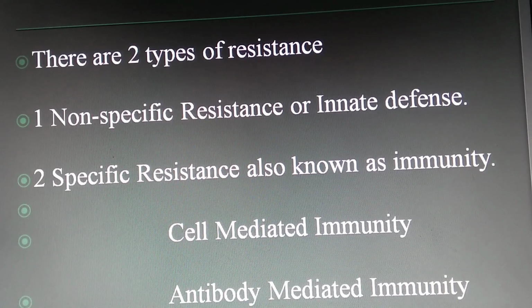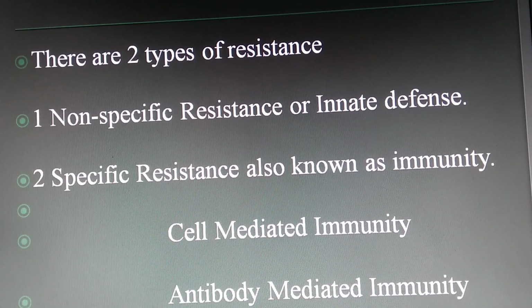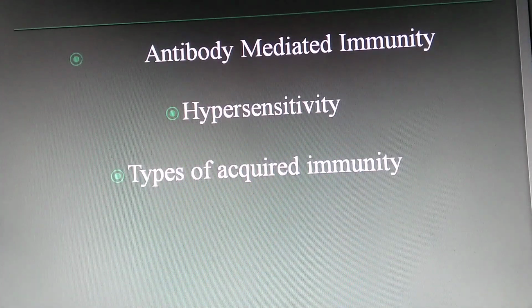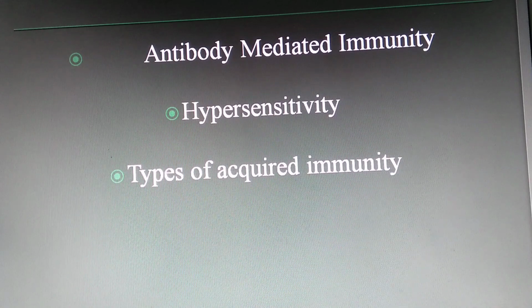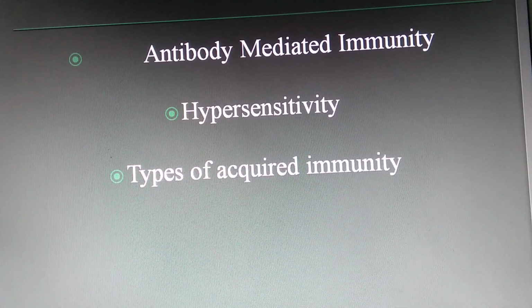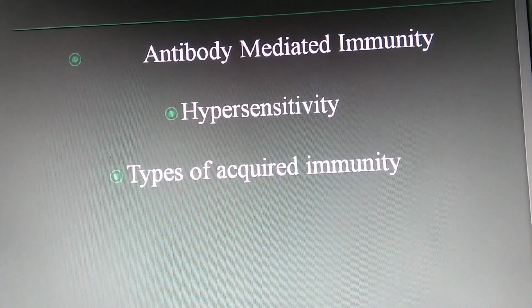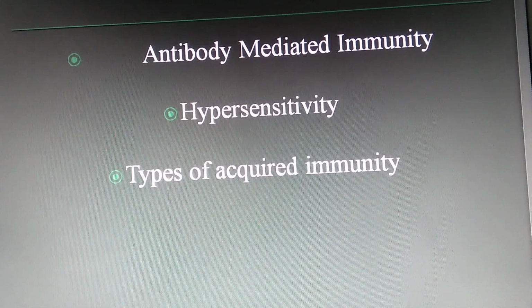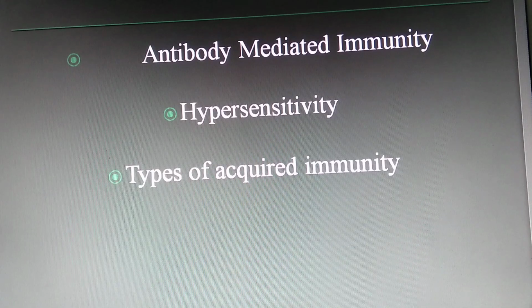We have also seen that there are two types of immunity: cell mediated immunity and antibody mediated immunity. Today, we will learn about antibody mediated immunity, hypersensitivity, and types of acquired immunity. This part of your syllabus we will cover today.